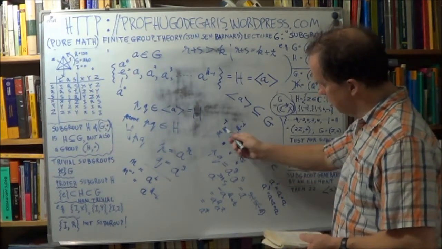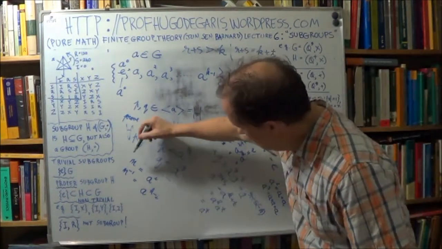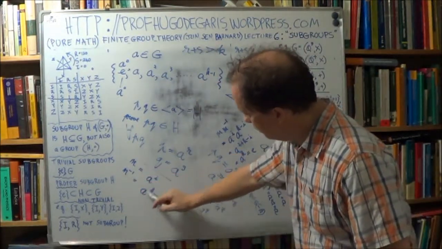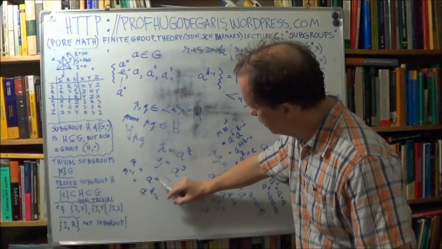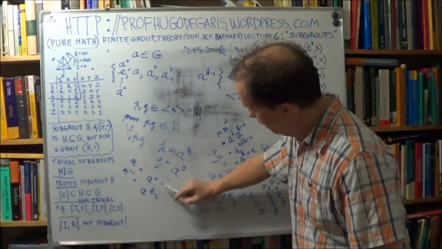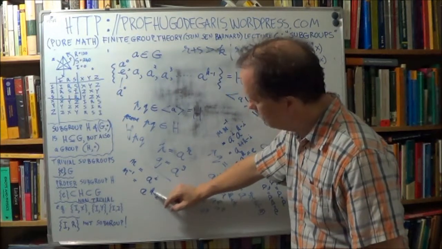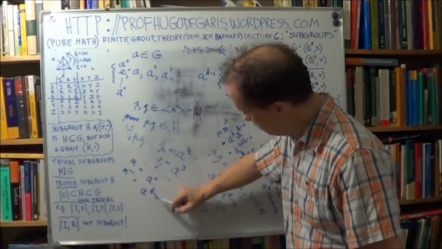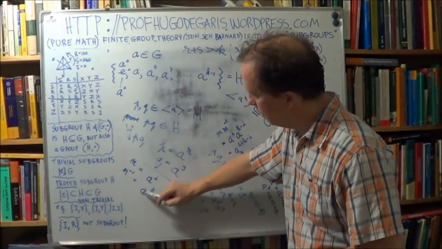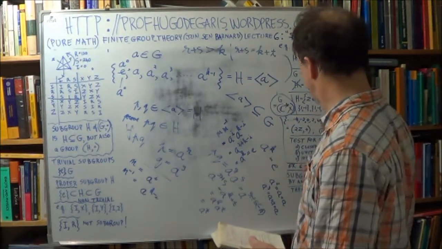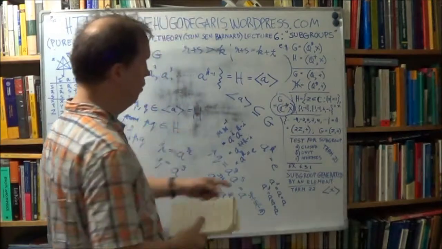So for any element belonging to this set, the inverse is of this form. You just take this power, whatever it is, negate it and add K. And that K minus I becomes the power of this A, and that's your inverse. So we've proved the inverse. So we've proved all three.